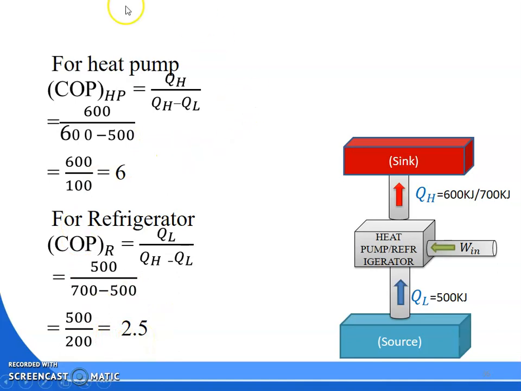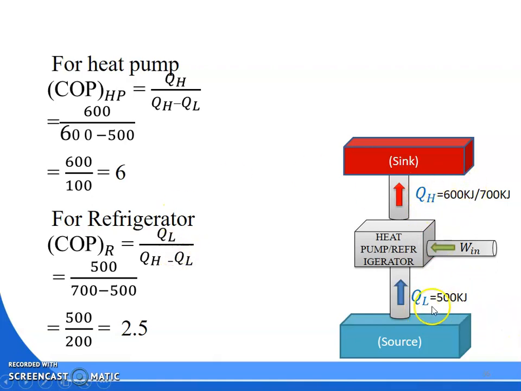Now you see the heat pump and refrigerator. COP of refrigerator plus 1 is equal to COP of heat pump. So 2.5 plus 1 is equal to 3.5. No, it will not satisfy the 3.5, because the heat rejection and heat supply are not equal. For the heat pump, heat supply is your 500, heat rejected is your 600.